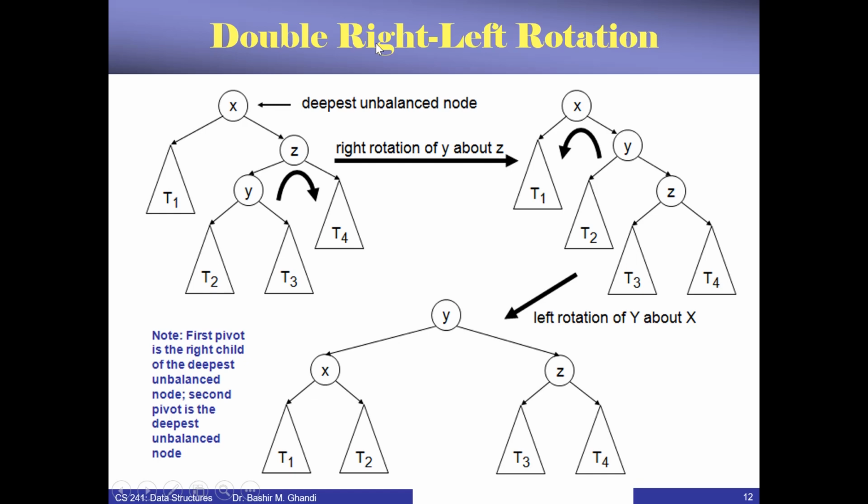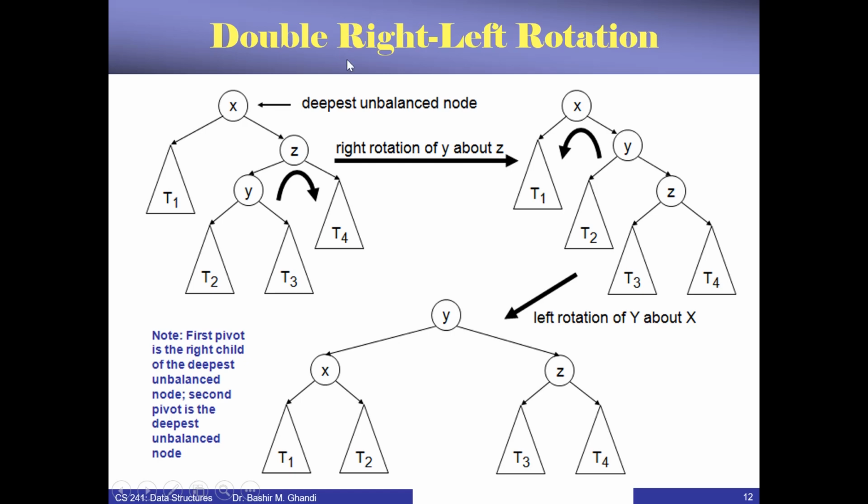The right rotation is done on its right child, Z. Z is balanced; it's not the deepest unbalanced node. The deepest unbalanced node is x, so this is the one we want to restore its balance. So we have to do two rotations: a right rotation followed by a left rotation.